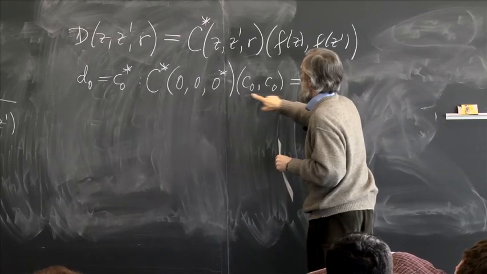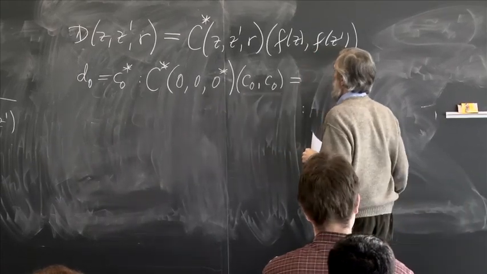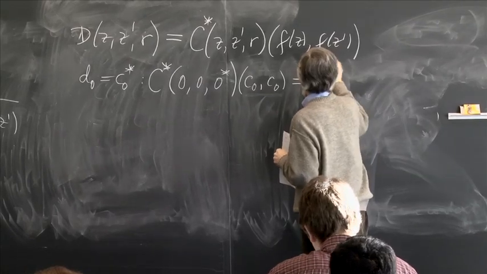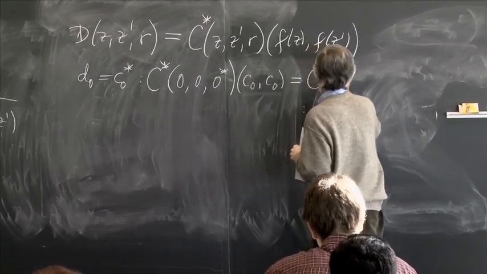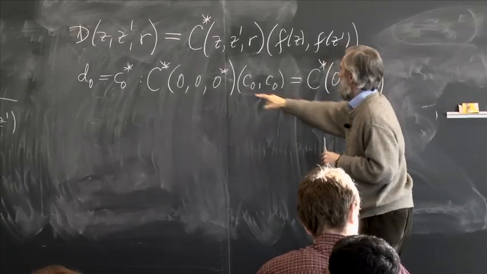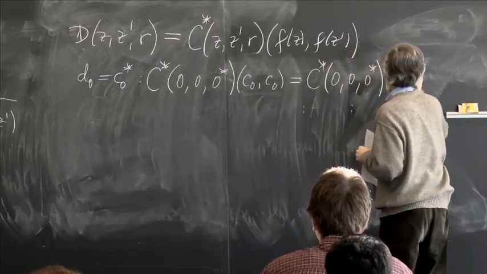It's just the standard elimination rule for bool. So this is the same as C0 star of 0, 0 star of f of 0 and f of 0.